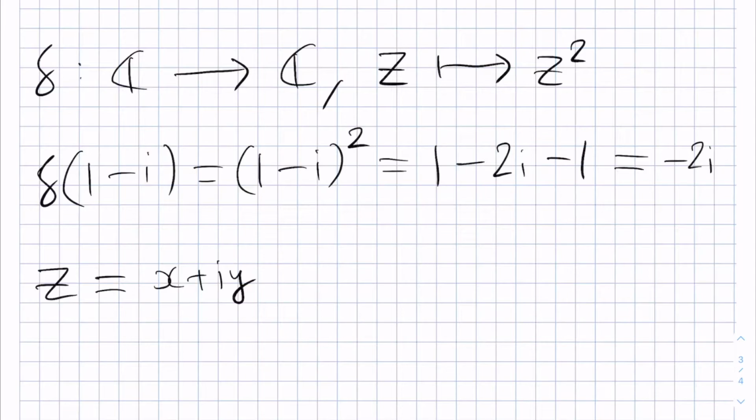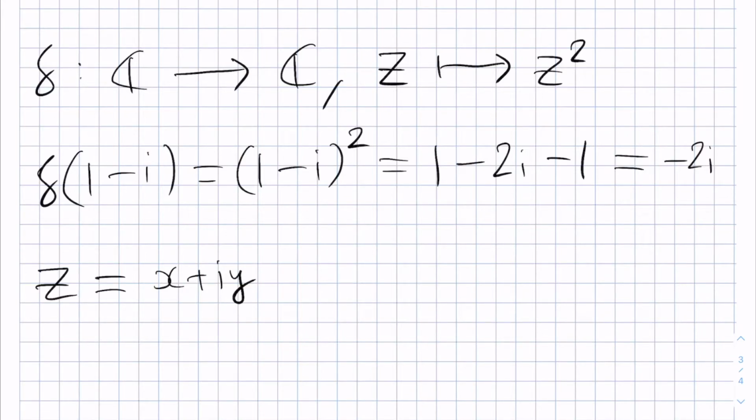For the above example, we have z equals 1 minus i, and so x would be 1 and y would be minus 1. We can try and do the same as we've done here with z to the output of the function by separating its real and imaginary parts.